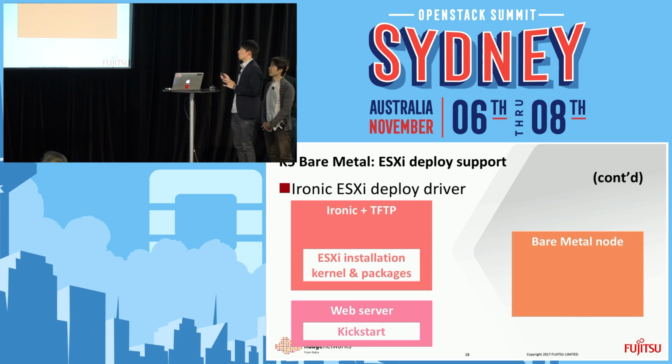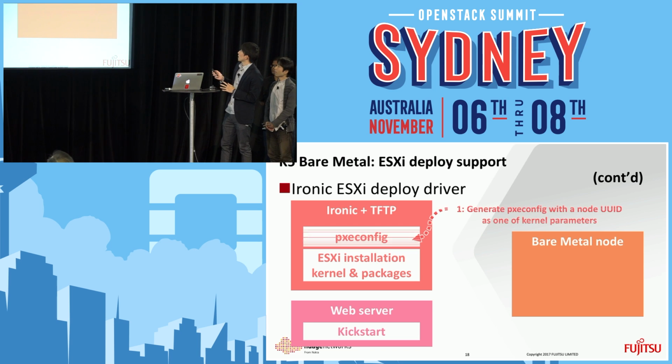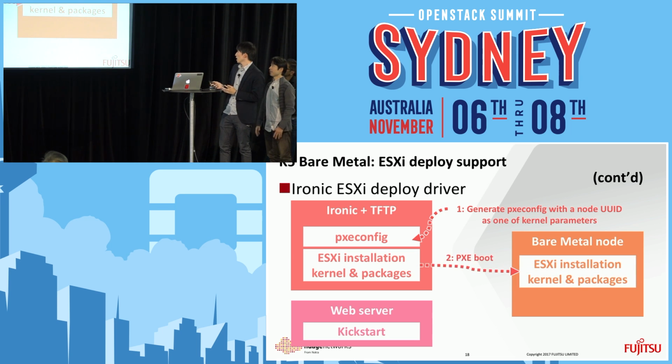And this slide shows how the driver works. First, generate PXE config with a UUID of a node, which is to be provisioned, because the Ironic Heartbeat API needs node UUIDs. And second, PXE boot sequence started.